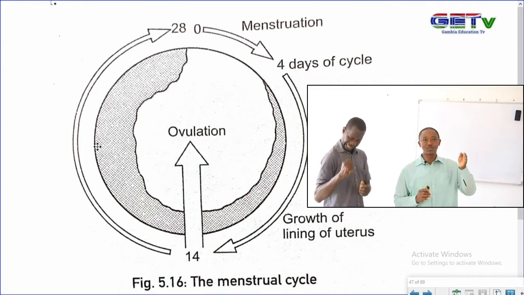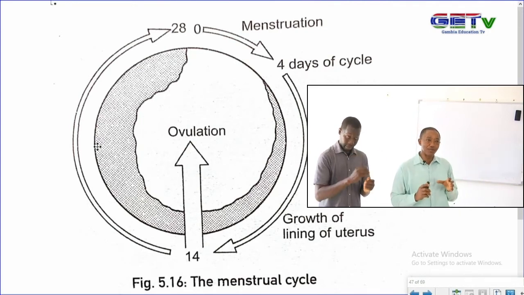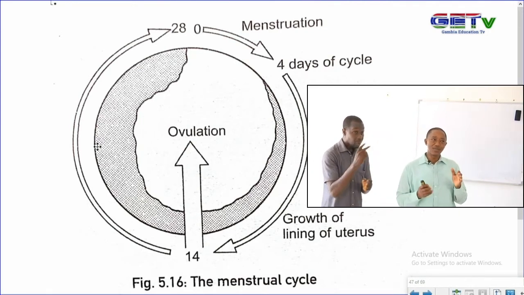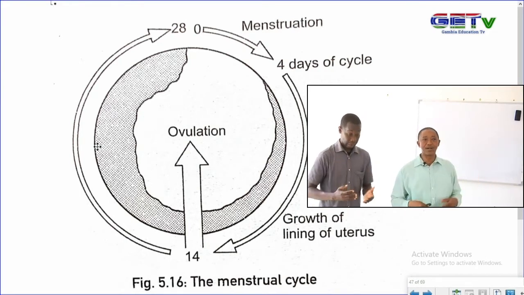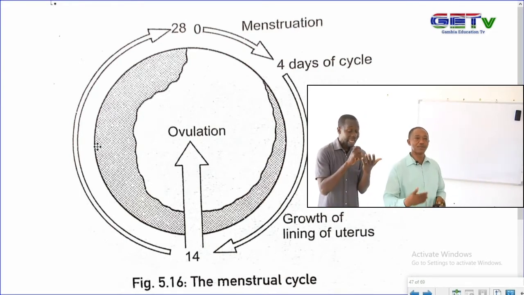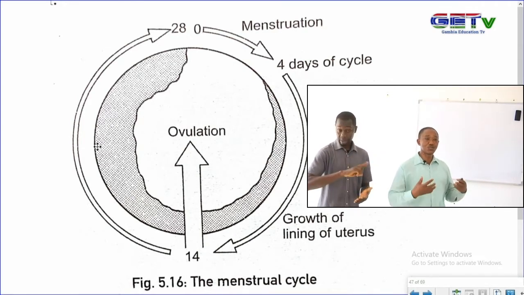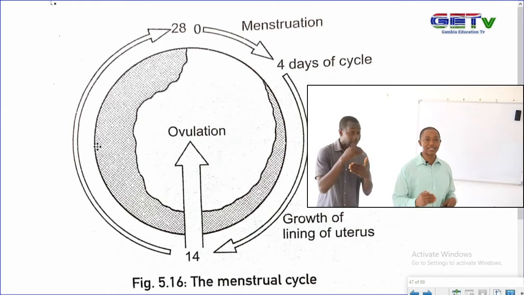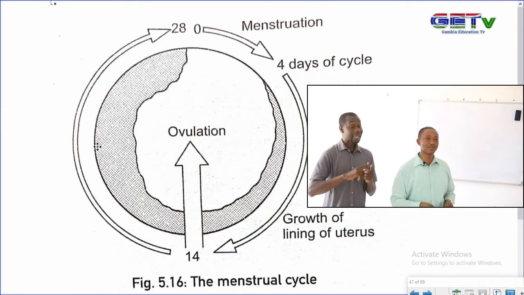And by the time we go to the top left, it has reached the thickest level. This is the wall of the uterus or the womb that is becoming thick with blood and some tissue that is ready to welcome a fertilized egg, which will develop into a baby. However, if the egg is not fertilized, then this wall that has been building up breaks down. That is what we refer to as menstruation, and this is the cycle describing it.